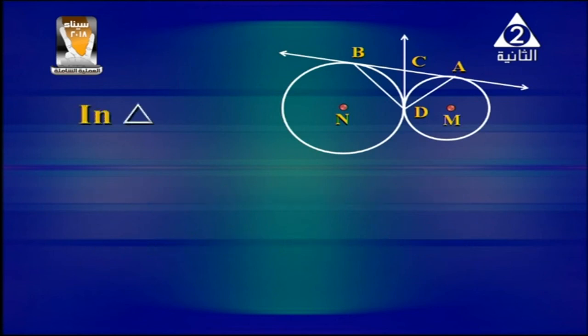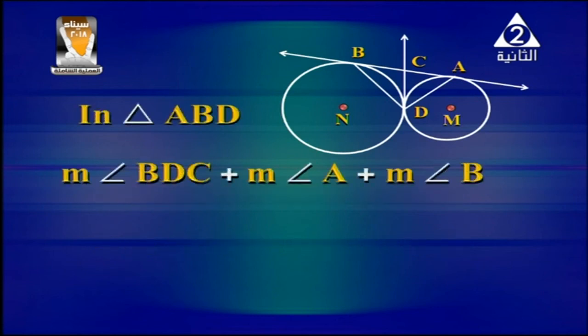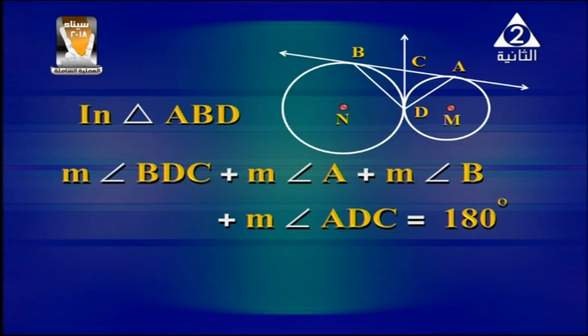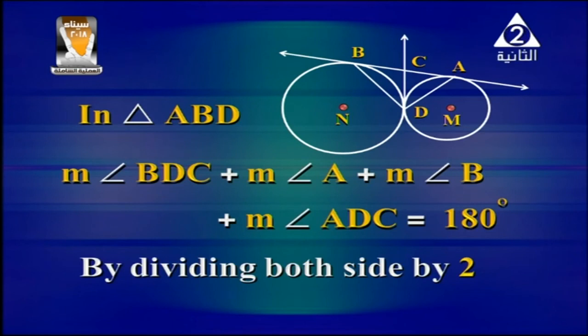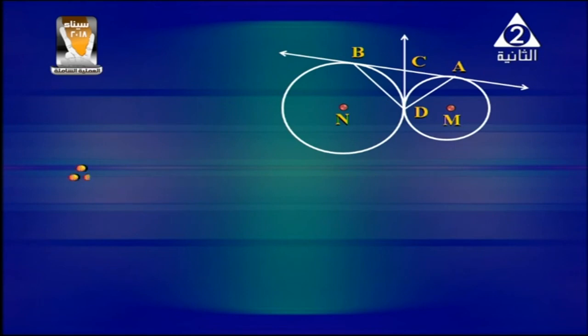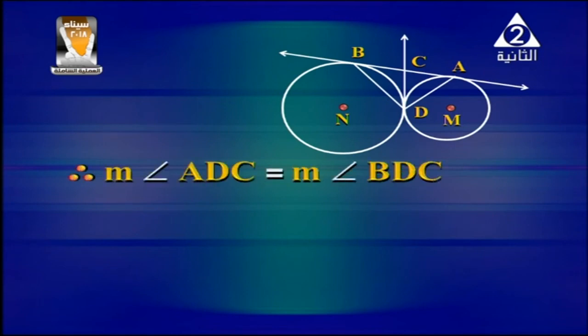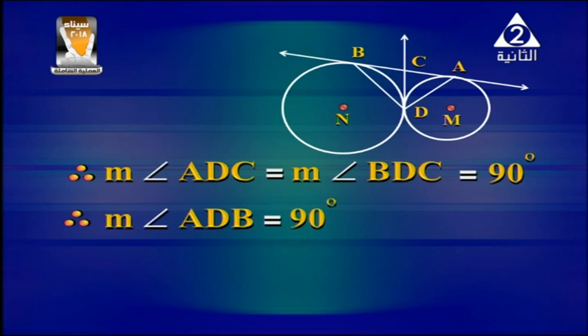So measure angle BDC plus measure angle A plus measure angle B plus measure angle ADC equals 180 degrees. By dividing both sides by 2, measure angle ADC plus measure angle BDC equals 90 degrees. Therefore, measure angle ADB equals 90 degrees, so we can say that BD is perpendicular on AD.